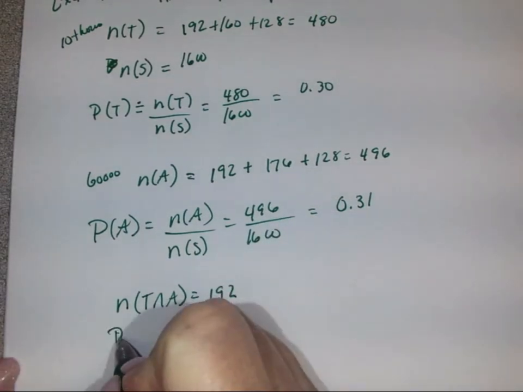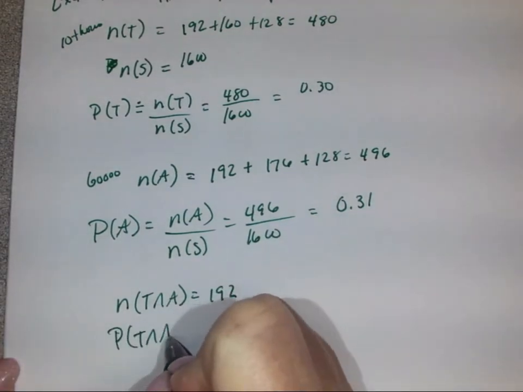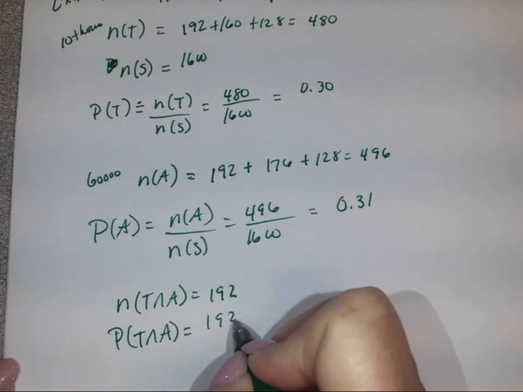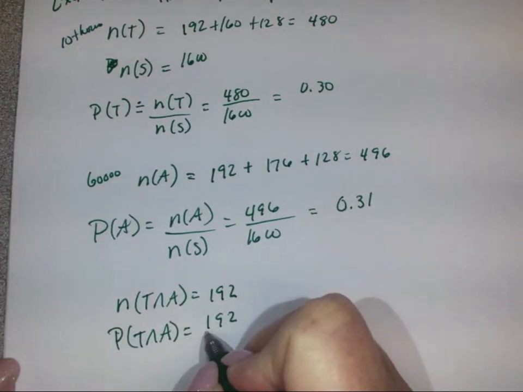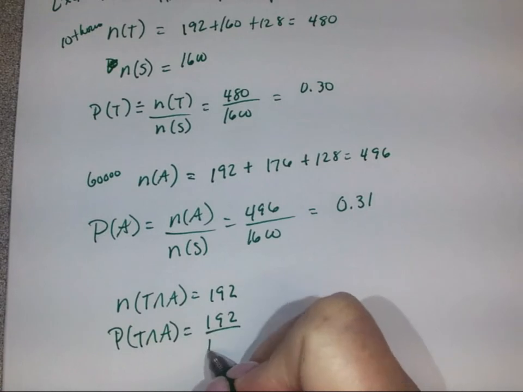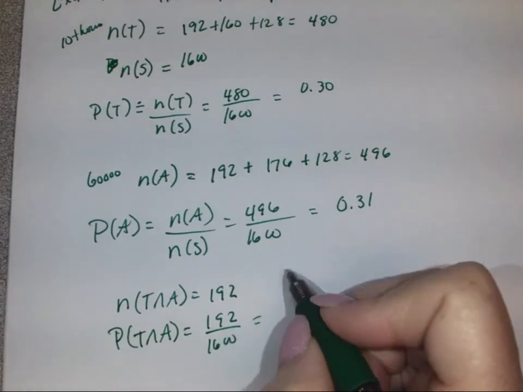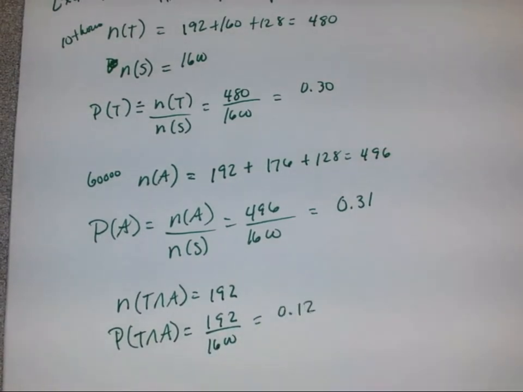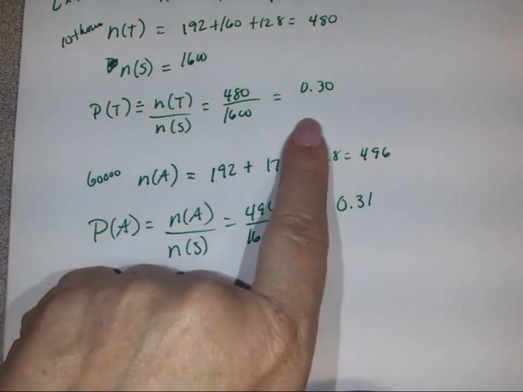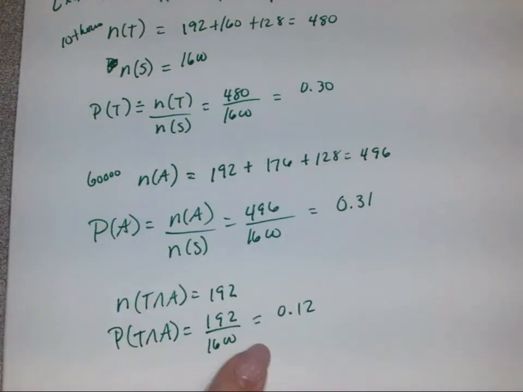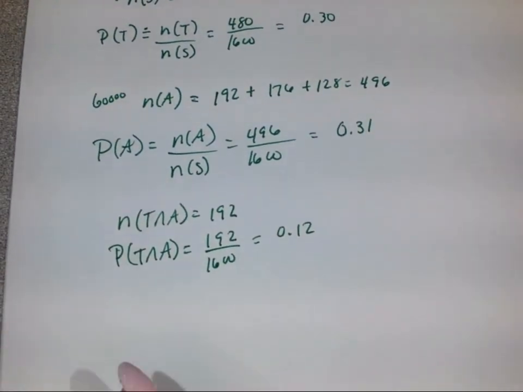So if we want to find the probability of T intersected with A, we take our 192 and divide it by that 1600, and that'll get us 0.12. So we've got our 0.30, our 0.31, and our 0.12.